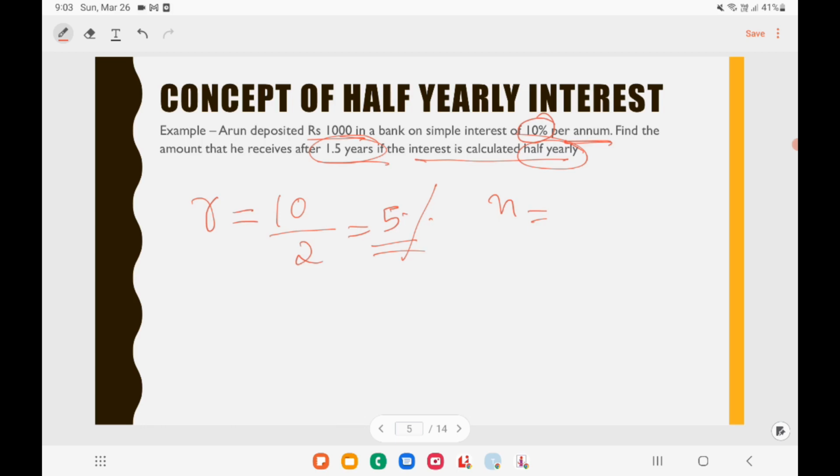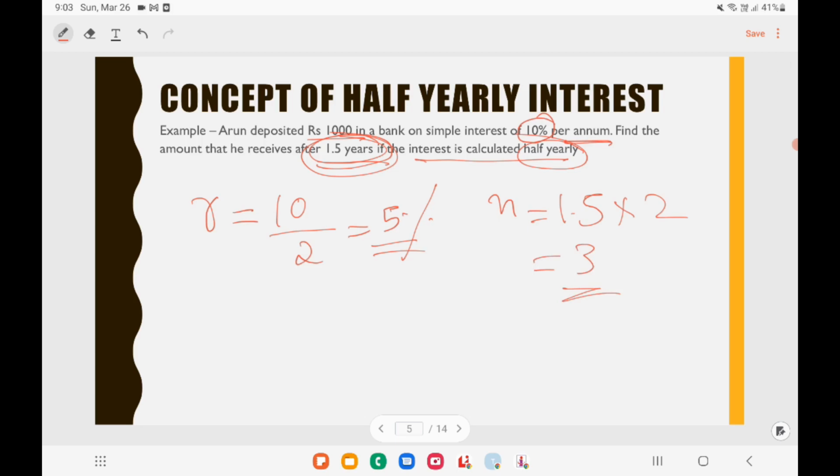But in this case, the interest is calculated half yearly. That means in 1.5 years, you will calculate the interest 1.5 into 2 times. Because 1.5 years means in 1 year 2 times, then half year again 1 more time. That means you are calculating the interest a total of 3 times. So you need to take N as 3.